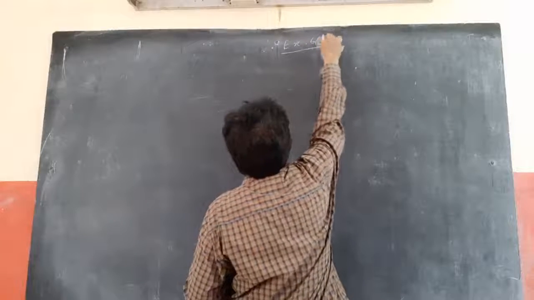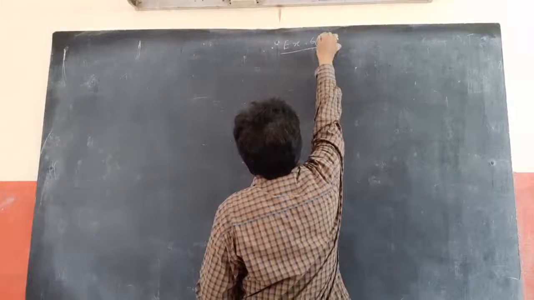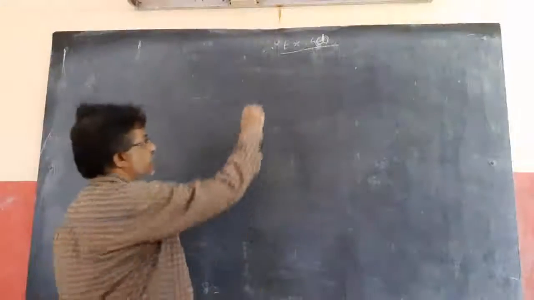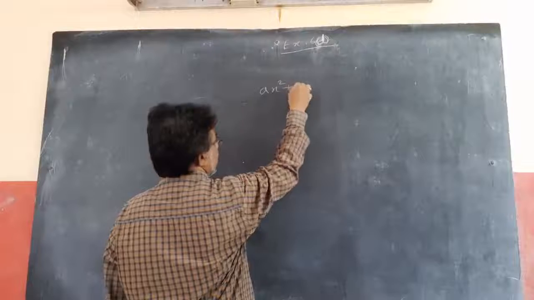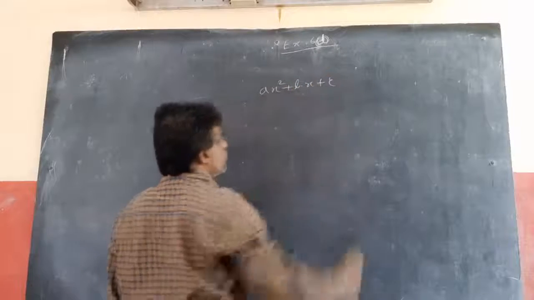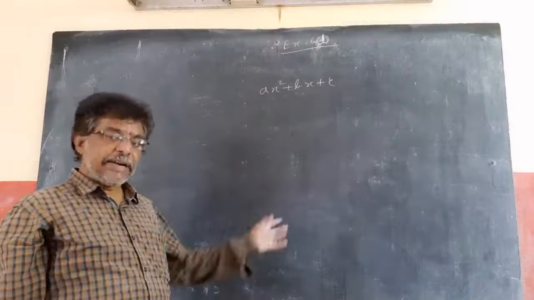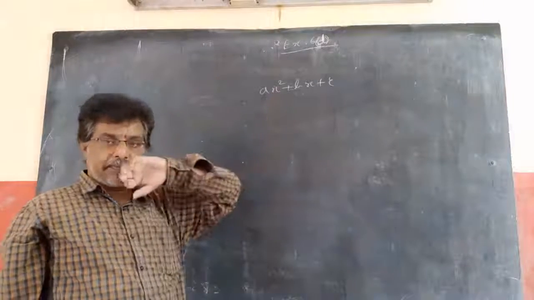Now exercise 6D. If you cannot factorize, then you should go for completing square method. It is a quadratic expression ax square plus bx plus c, which you cannot factorize, then go for completing square method. Even if it is factorized, you can go for completing square method.